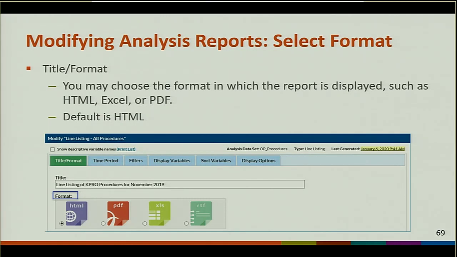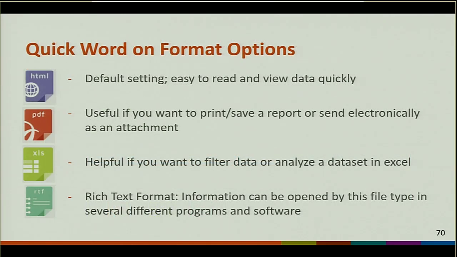The next thing we see on the screen is the format section. So you can choose the format in which the report is displayed and presented to you, such as HTML, Excel, or PDF. And as a reminder, in NHSN, the default format that we use is HTML. Now, a quick word on some of these formats and the uses for the different types.